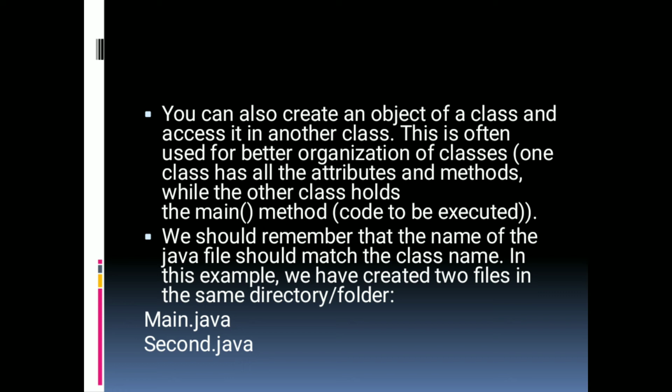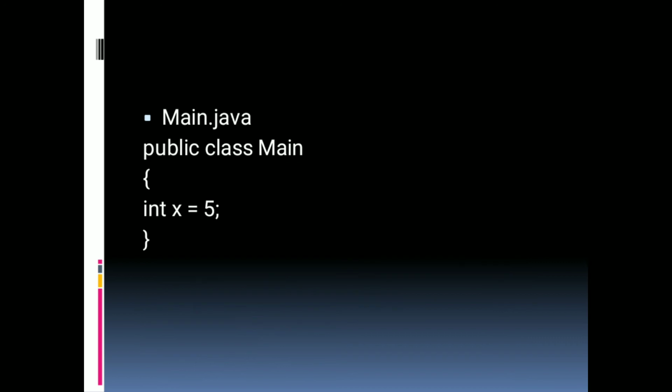In this example we have created two files in the same directory or folder, that is main.java and second.java. In main.java we have declared the variable x and it is assigned a value 5.